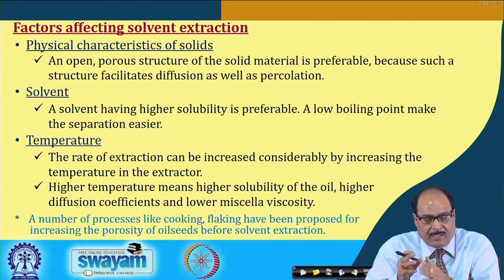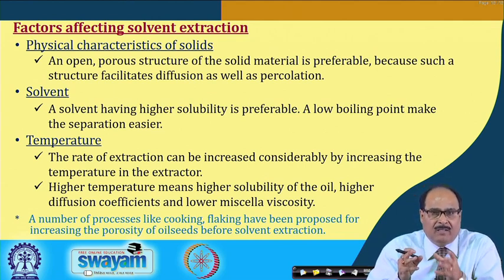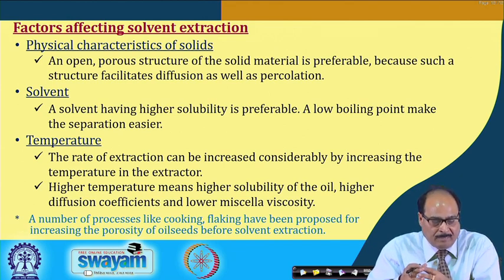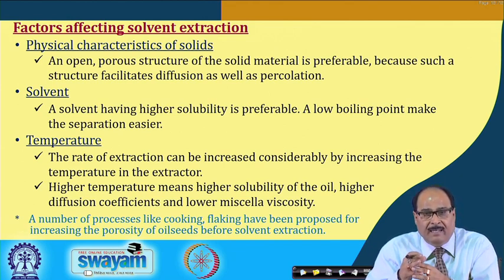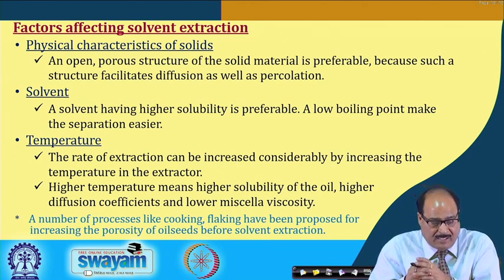A solvent which has higher solubility is preferable, and it should have a low boiling point, because the low boiling point makes the separation easier. The rate of extraction can be increased considerably by increasing the temperature in the extractor.